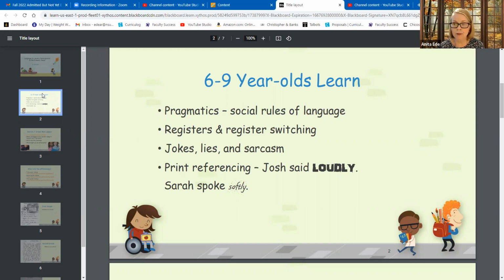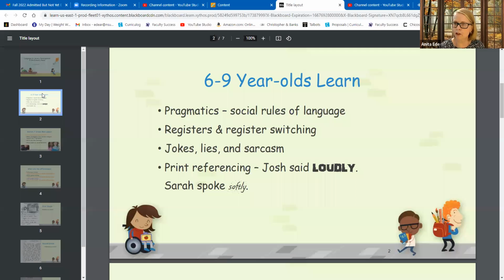Register is going to be different, and that's something children have to learn and negotiate. It's not something you're born knowing. So this is something 6 to 9-year-olds begin to develop, is that you don't speak the same to everybody.